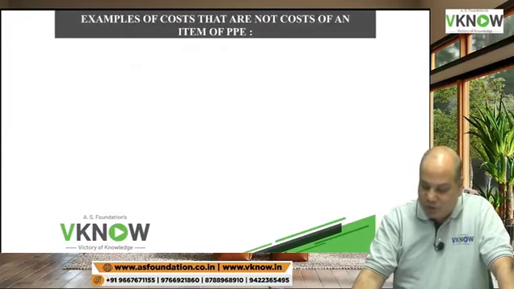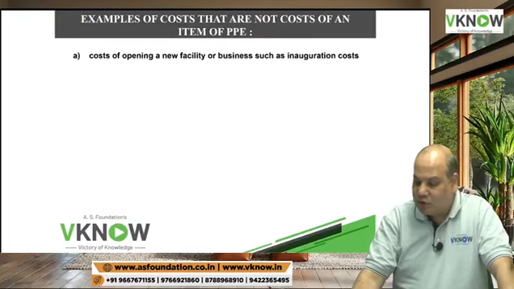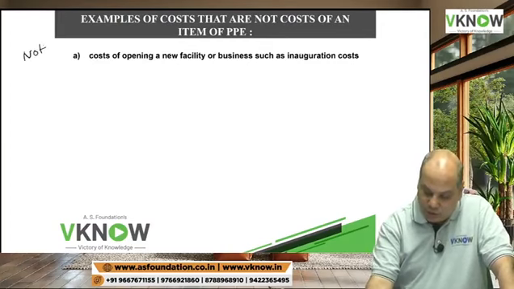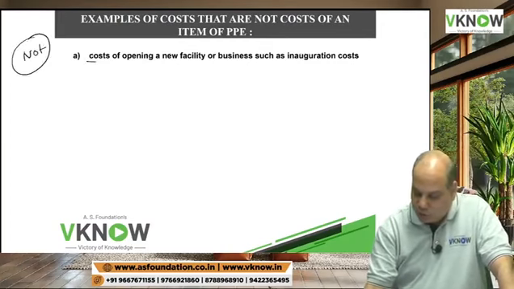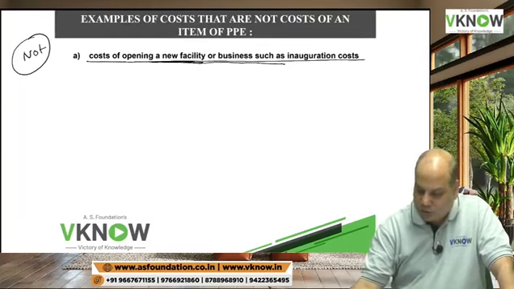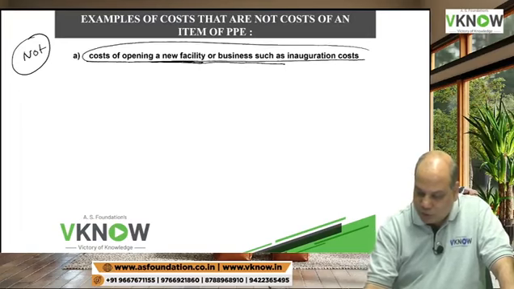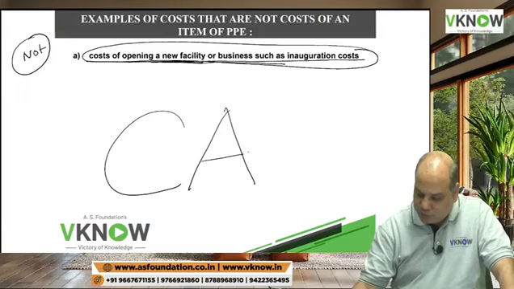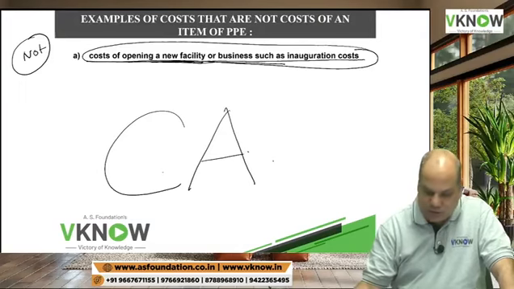Okay. Next is examples of costs that are not the cost of an item of PPE. Not to be included. Cost of opening a new facility or business, such as inauguration cost. So you are opening a new office. Suppose you have become a chartered accountant.